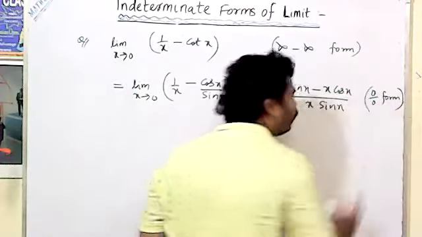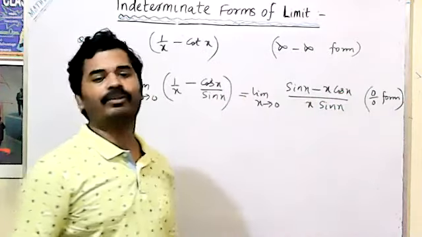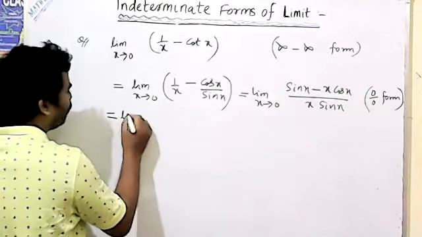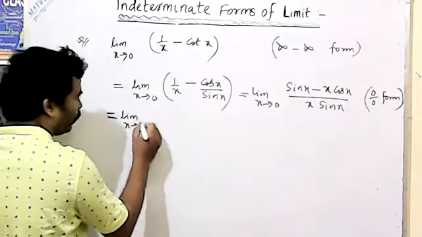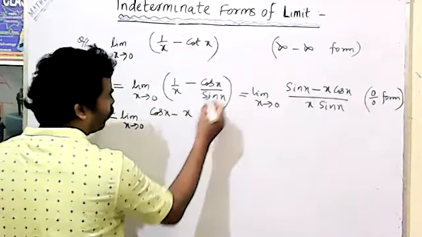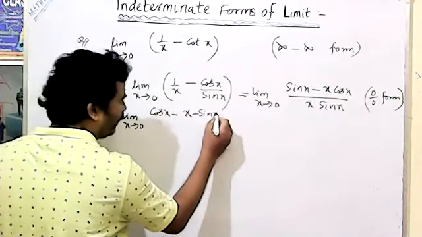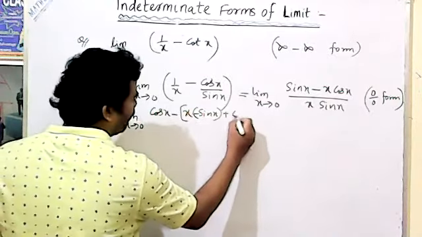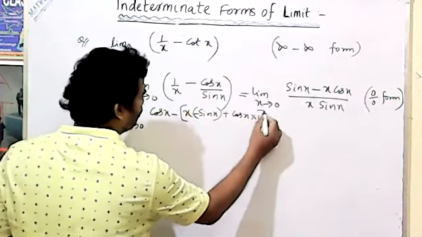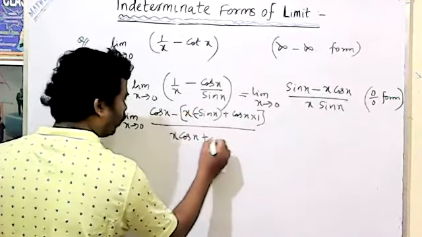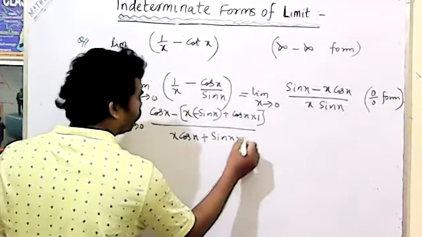So if it is a 0 by 0 form, directly you can take the derivative of the upper part as well as the lower part. x tends to 0, derivative of sin x is cos x, minus x, derivative of cos x is minus sin x, then plus cos x, derivative of x is 1, divided by x into cos x plus sin x into 1.